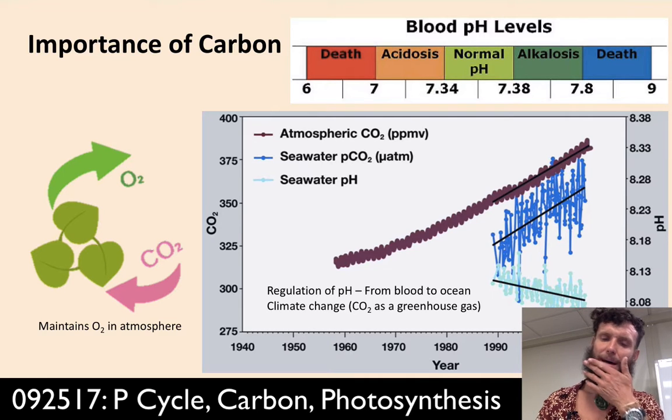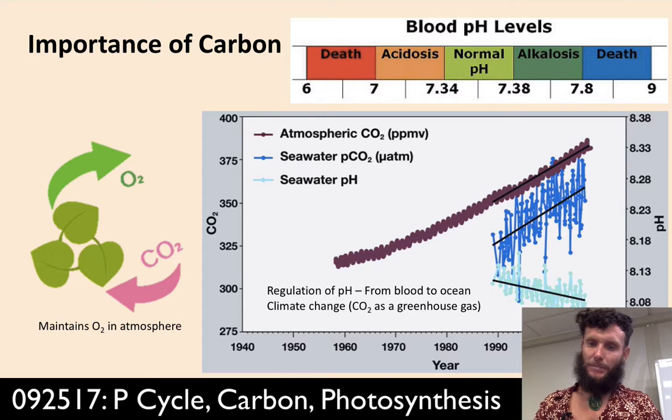However, the atmospheric concentration of carbon dioxide has been going up. Here you can see the chart from 1960 till I think it stops at 2008 in this diagram. As carbon dioxide levels have been going up, the carbon dioxide that is dissolved in the seawater is also going up, which is the scattery blue line.